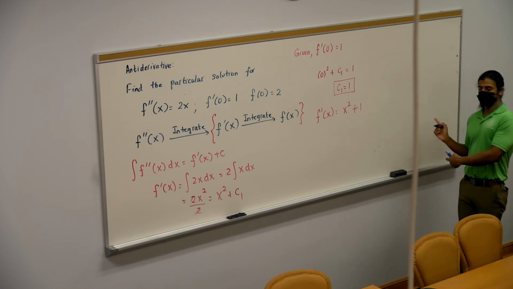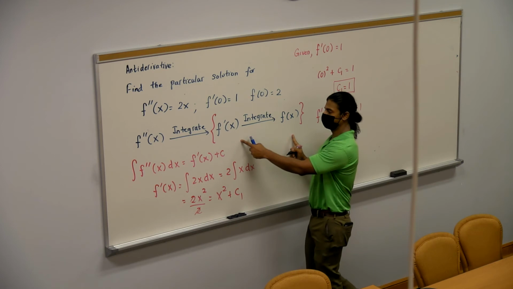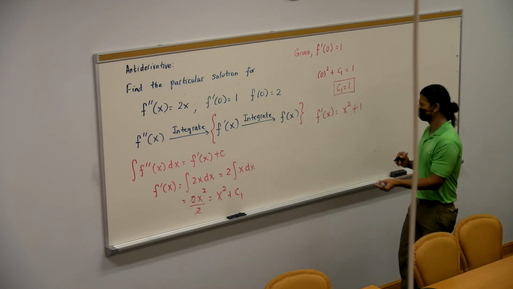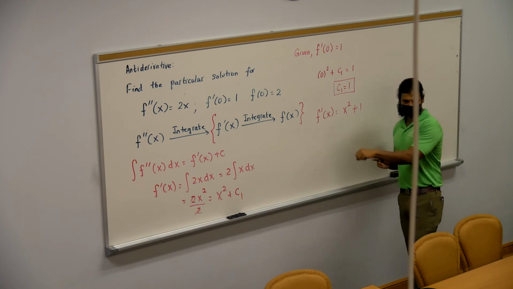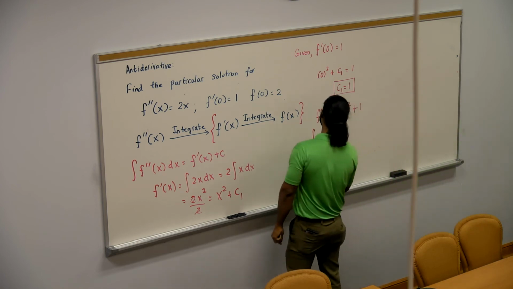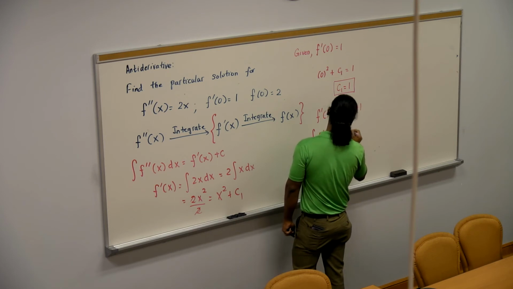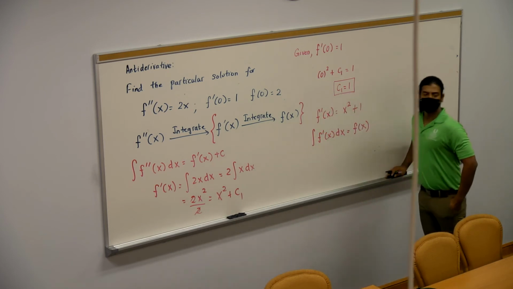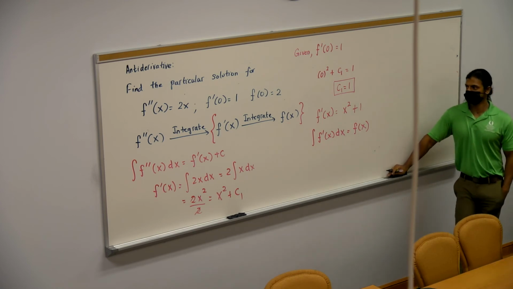It's the same from here on out, because that is something we did earlier in the previous problems. If I integrate f prime of x, I end up getting f of x. So the integral of f prime of x dx is simply f of x.